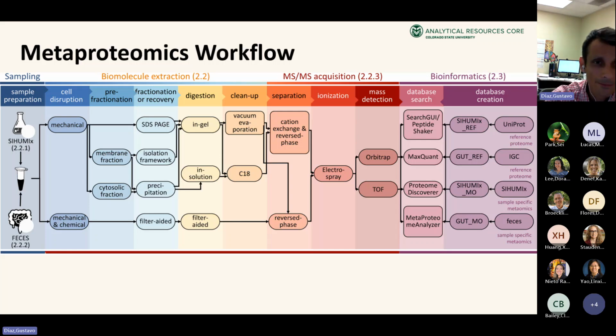But in metaproteomics, we are talking about 3,000 or 5,000 different proteomes, so the orders of magnitude of the differences in protein concentration are huge. So it is important to consider early on in the preparation of an experiment some sort of fractionation or separation. And finally, bioinformatics, the analysis part, is very challenging, and I will discuss that in further slides.